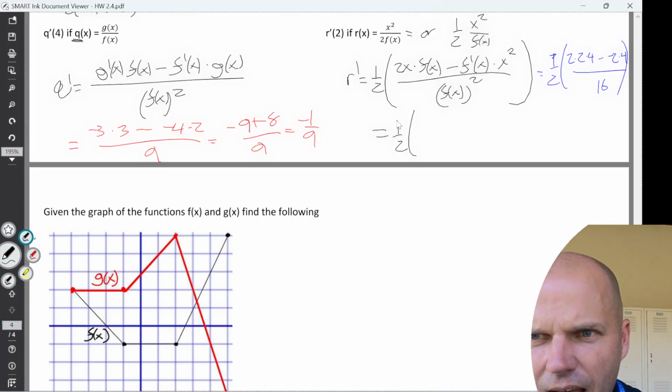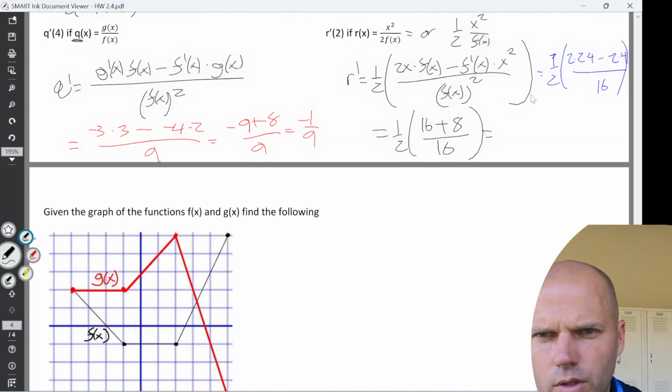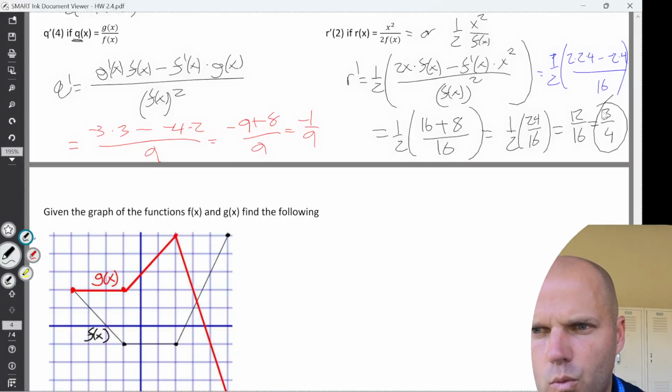I got 1/2 of 16 plus 8 over 16. 16 plus 8 is 24. I can simplify however I'd like. Divide the top and bottom by 2. Divide this by 4. It's 3/4.